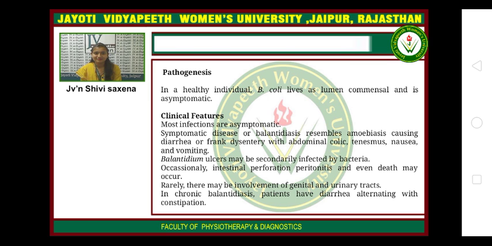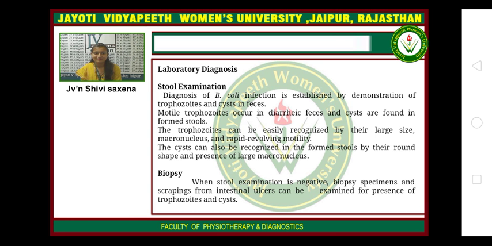Laboratory diagnosis. Stool examination: diagnosis of B. coli infection is established by demonstration of trophozoites and cysts in feces. Motile trophozoites occur in loose feces, and cysts are found in formed stools.